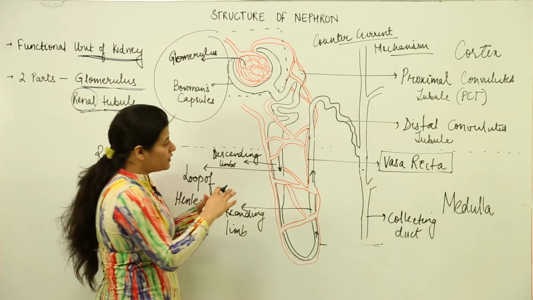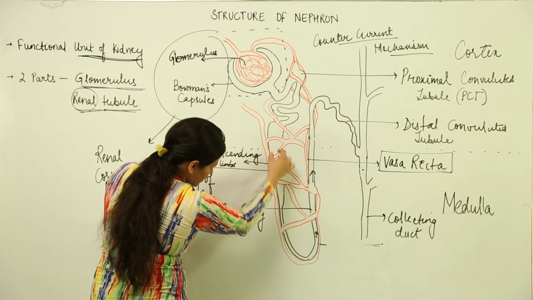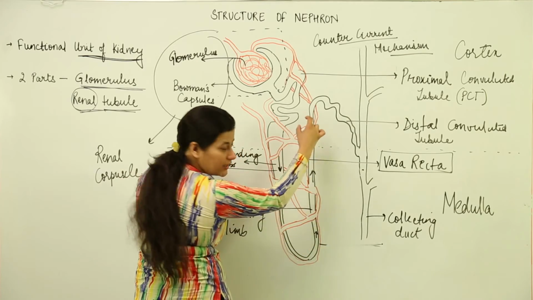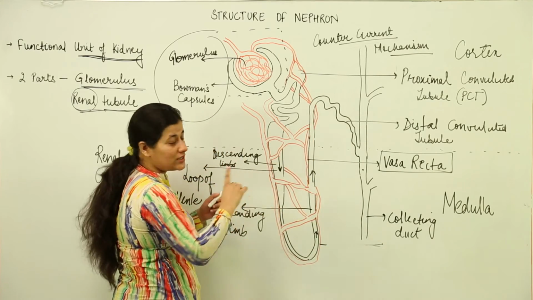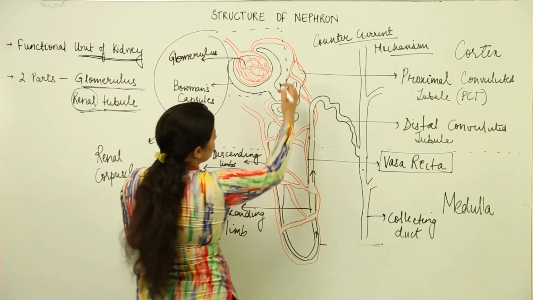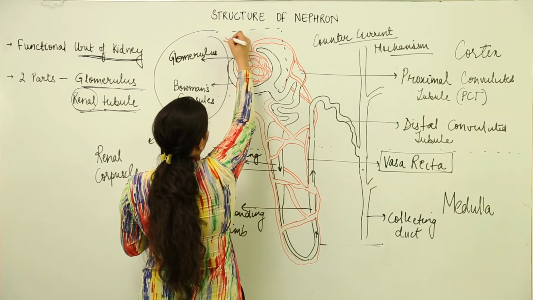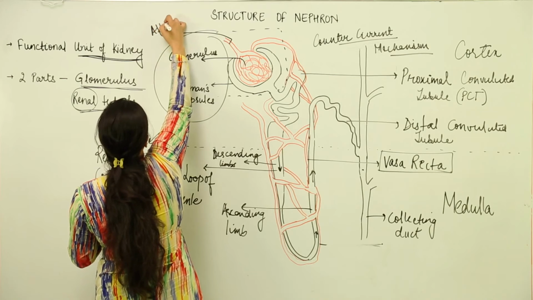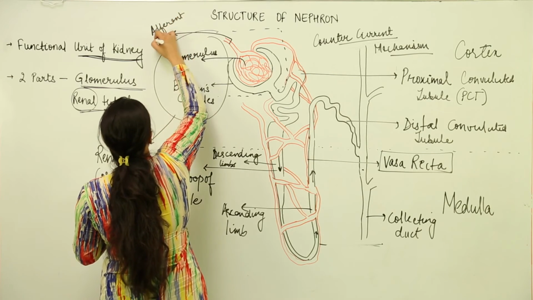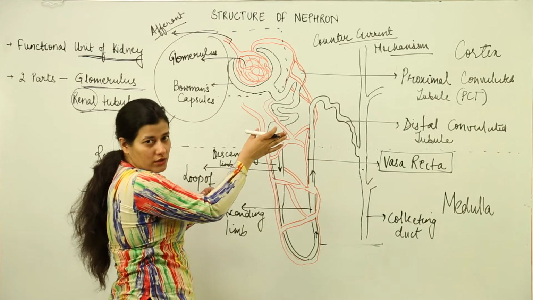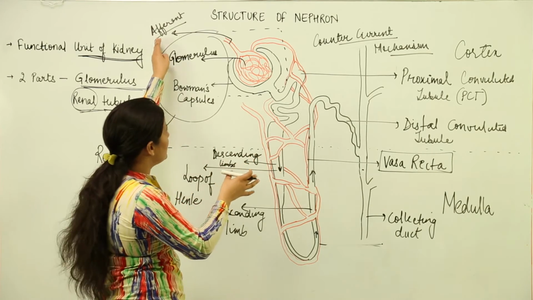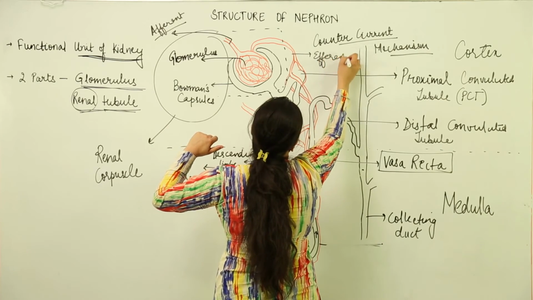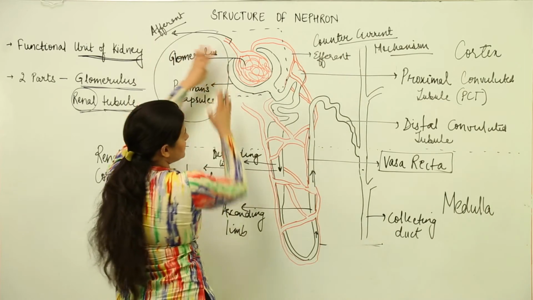Just from the structure you can make it out that in this descending limb, the urine is descending down while it is ascending in the ascending limb, but it is opposite in the case of the vasa recta, because you can see that this particular part of the capillary network is afferent arteriole. You have to remember, when some part enters inside the organ or the part, it is known as afferent, and when it leaves, the term efferent is used. Okay, so this is afferent arteriole, this is the efferent arteriole.